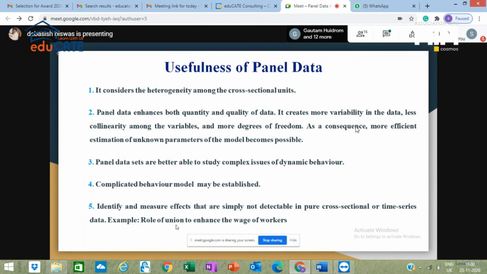Many types of complex societal problems can be solved using panel data analysis in a very, very scientific way. That's why if you want to publish a good paper in a good journal, obviously a Scopus indexed journal, and you apply the panel data structure and your conception is very good, then I am sure your paper will be accepted by high quality journals.